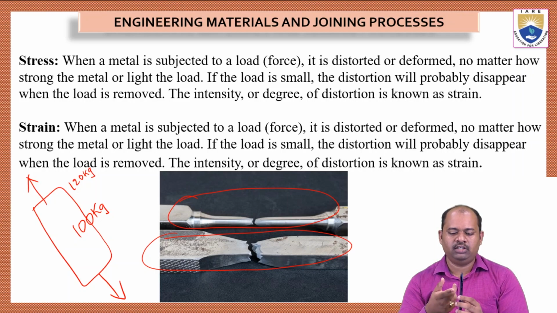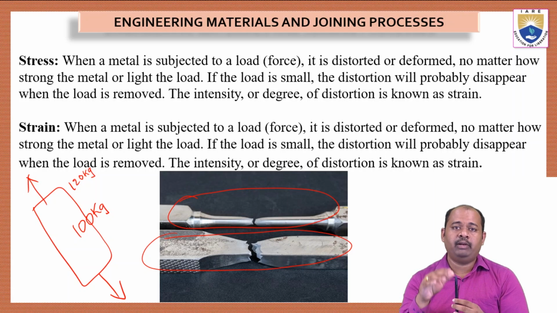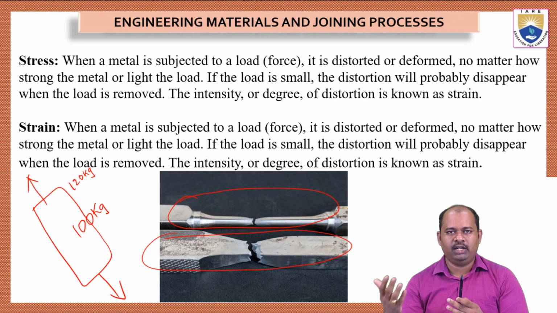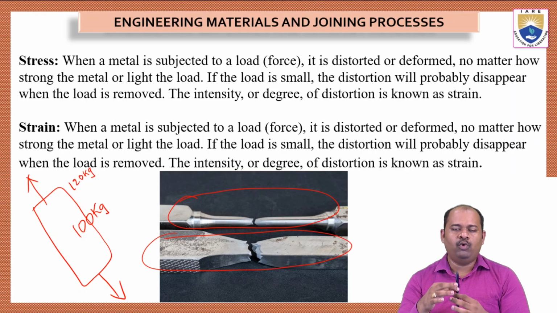When we see the cross section of this pen, it is a circular cross section. I am applying the load on this top point and bottom point, and both of them act perpendicular to the cross section of the body. Now I will increase the load gradually from 0 to 100 kilograms. The body will try to withstand the load.